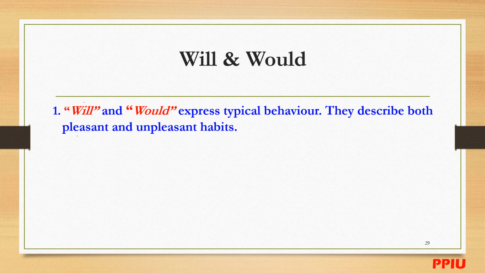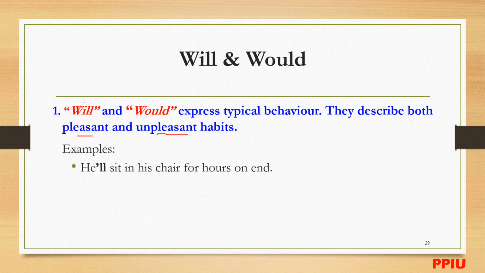It can describe both pleasant and unpleasant habits. For example, "He'll sit in his chair for hours on end." Okay, so you see? He'll means he will sit in his chair for hours on end. Is it positive or negative? Pleasant or unpleasant in here?